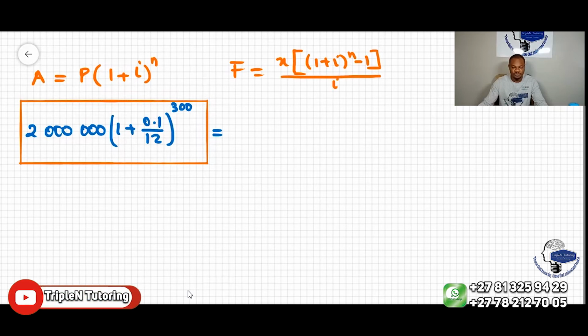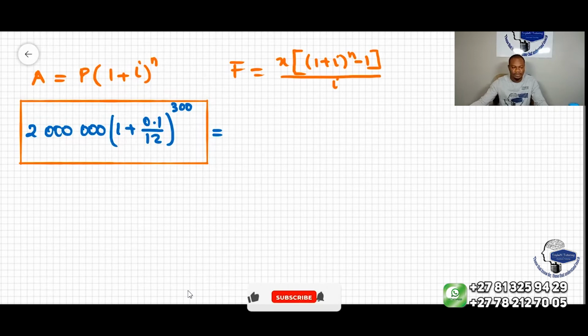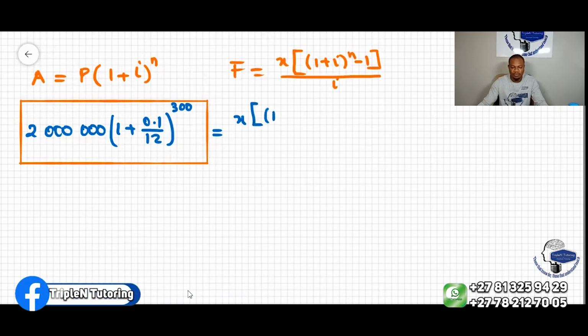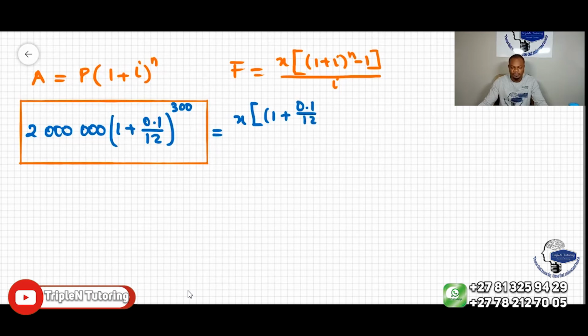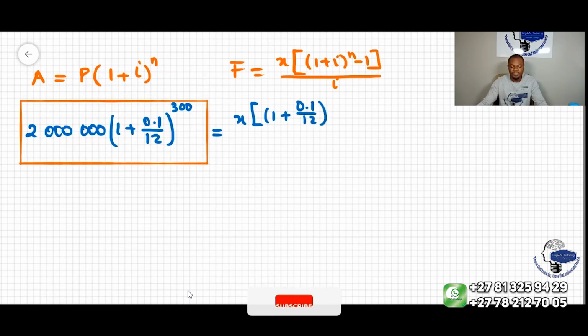This is going to be equal to X, open square bracket, 1 plus i, which is 0.1 over 12, all to the power of n, which is 25 times 12.